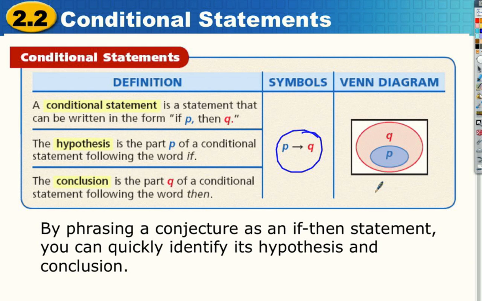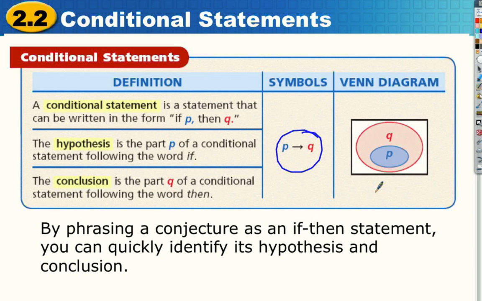You're going to stumble, I guarantee it. You're probably going to stumble right out of the gate. But with time and perseverance, it will start to make sense. Are there any questions about these different definitions and the symbols and the different ways of writing? Because we're going to jump right in now.